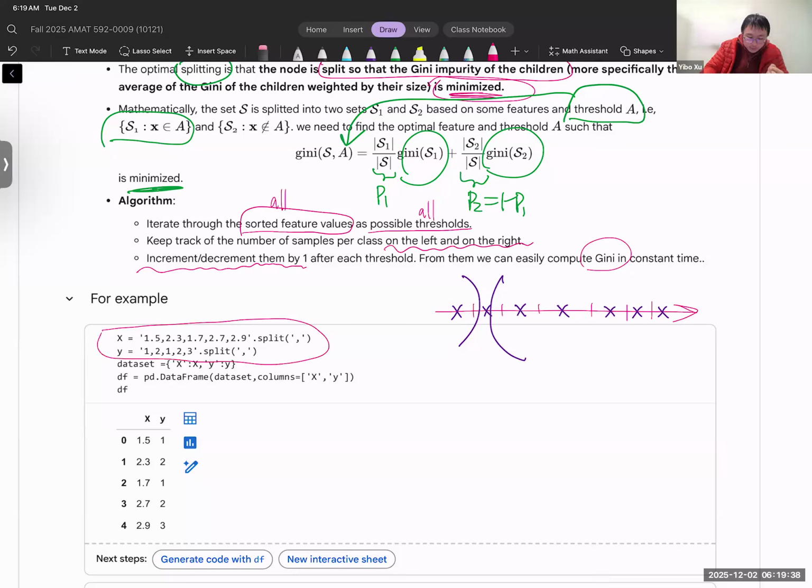For x we have a bunch of values, from 1.5 all the way down to 2.9, and for y values we actually have the label. It's not sorted yet, but of course we want to sort the x values, and then we want to classify.